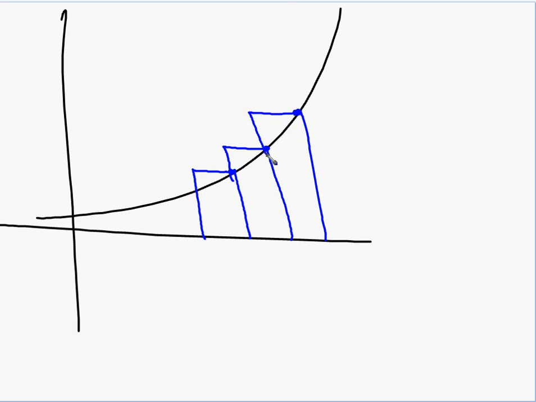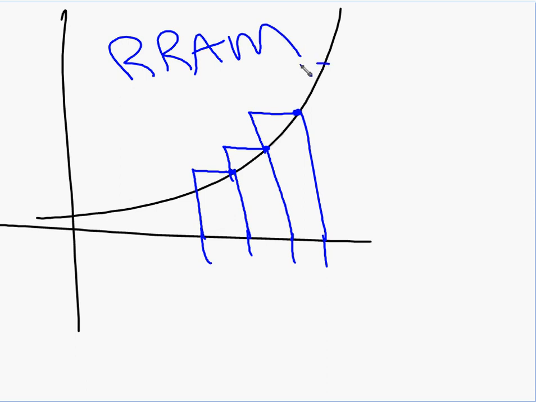And I would use the right edge of my interval. That would be called RRAM. The right edge, right rectangle approximation method. Okay, that would be called RRAM.